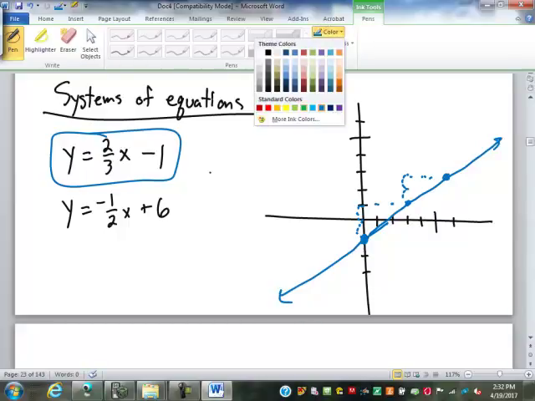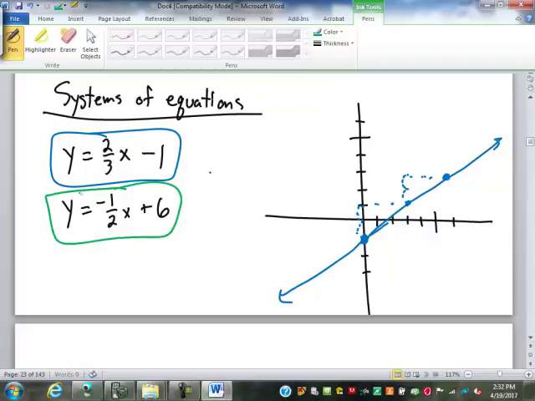For this next one, where do we start? Positive 6 is right there. And from there, where do we go? Down 1, over 2. I'm going to do it again. Down 1, over 2. I'll do it one more time.